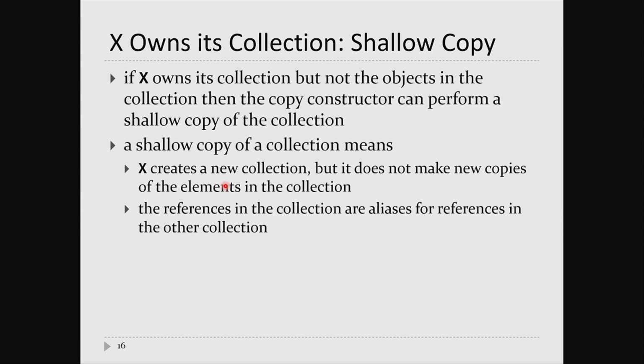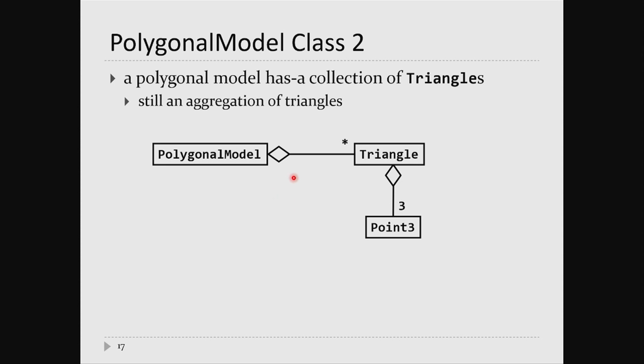So in a shallow copy, you make a new collection, but the references in the collection are all aliases for references in the other collection. So now you've got two separate collections, but inside they all point to the same objects. It's the same picture here.